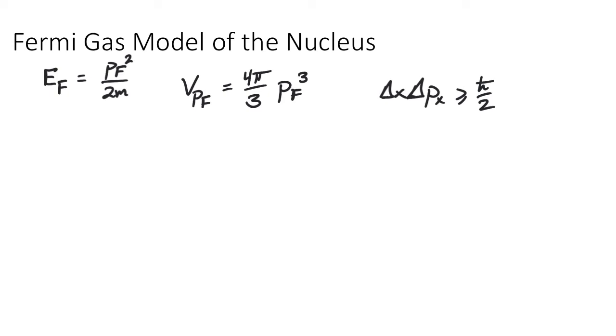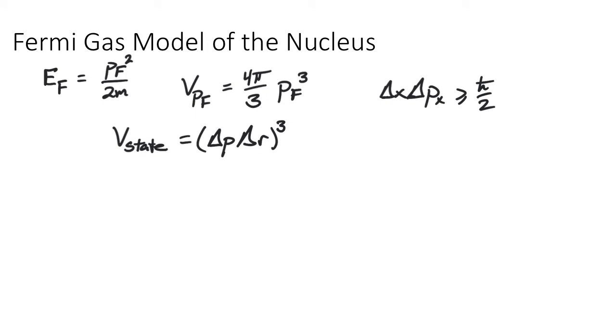And so the volume of this state space is going to be something like the little volume of momentum space times a little volume of the physical space cubed, right?